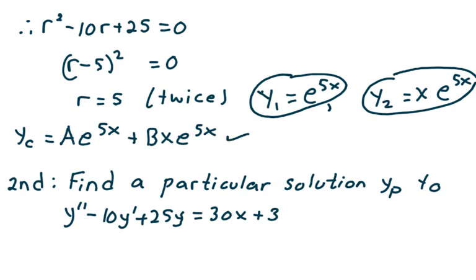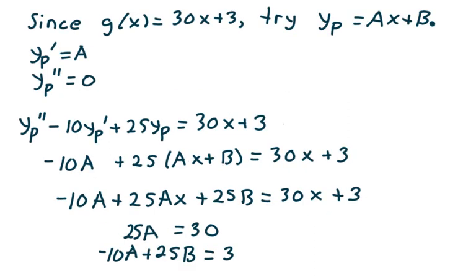In the second step, we want to find a particular solution y sub p to y double prime minus 10y prime plus 25y equals 30x plus 3. Since g of x is equal to 30x plus 3, let's try y sub p is equal to ax plus b.